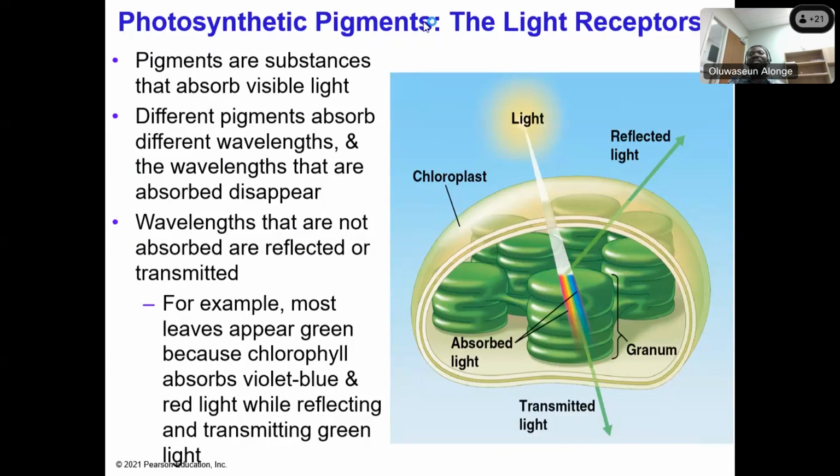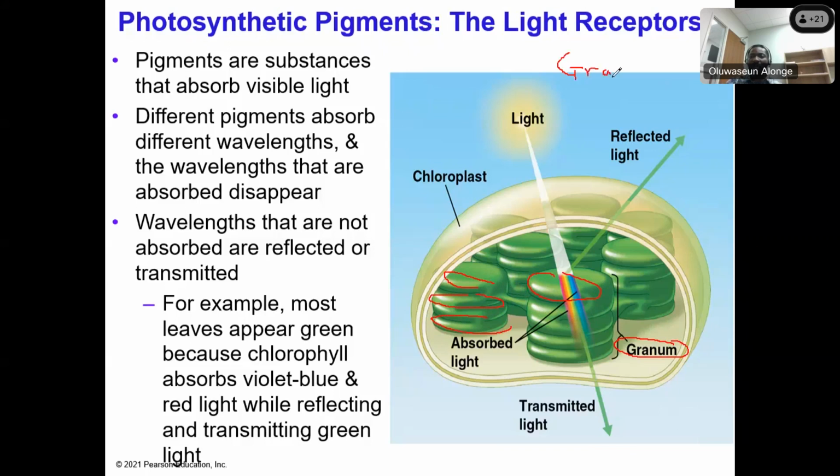Each of these things that look like pancakes is a thylakoid. This is a thylakoid. This is another thylakoid. And each stack of thylakoids we call a granum. And many granum, grana.